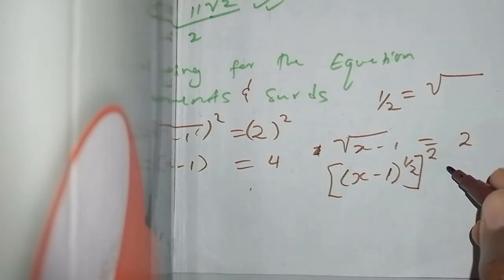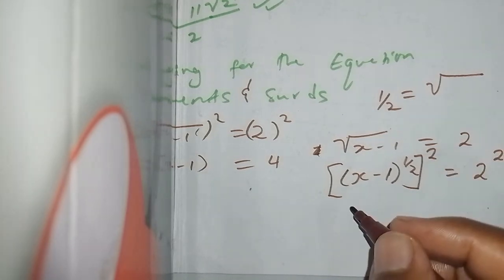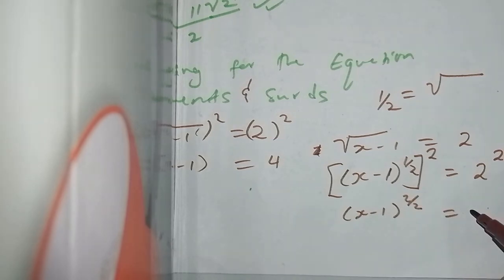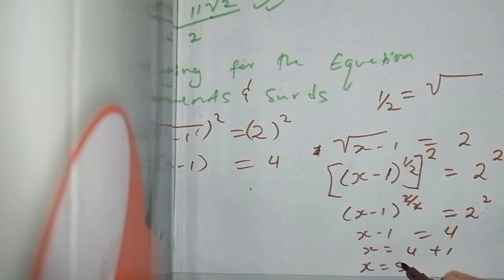What I do on my left hand side, I need to do on my right hand side again. Then I'm going to have x minus 1 to the power 2 over 2, which equals 2 to the power 2, which is 4. Then this one and this one cancel. I'm going to have x minus 1 equals 4, and then x equals 4 plus 1, so x equals 5.